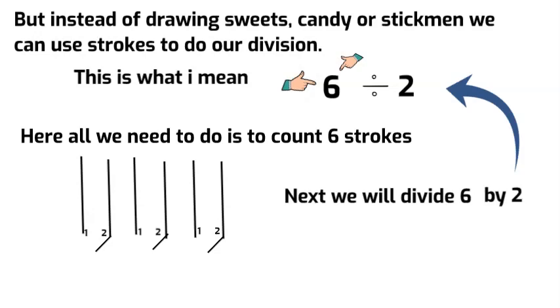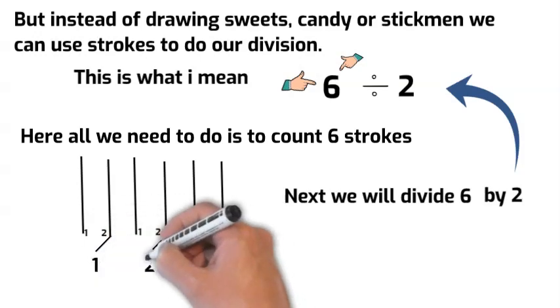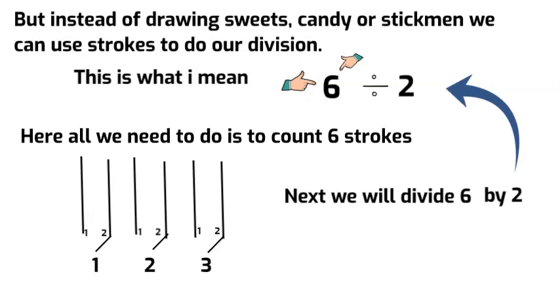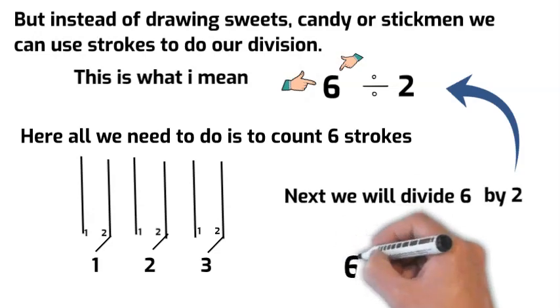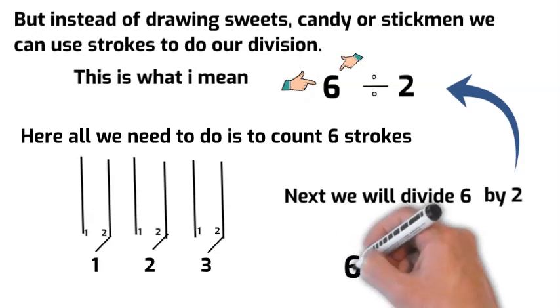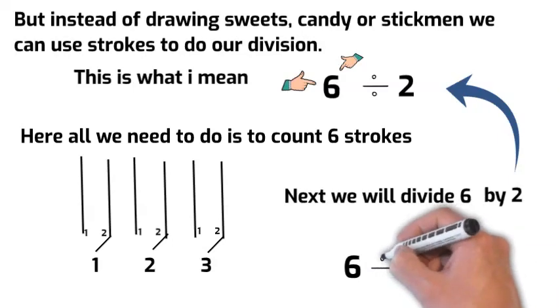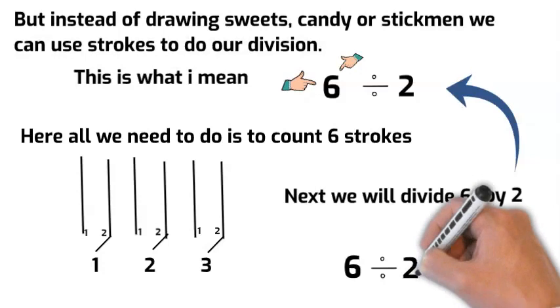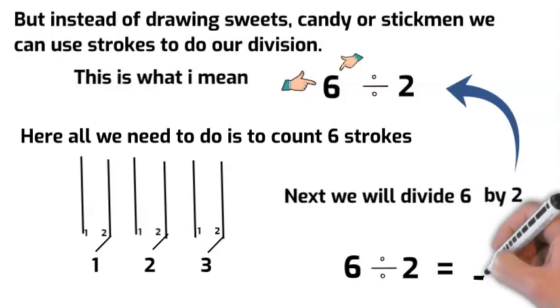How many times did the number 2 go into 6? 1, 2, 3. 3 times. 6 divided by 2 is equal to 3.